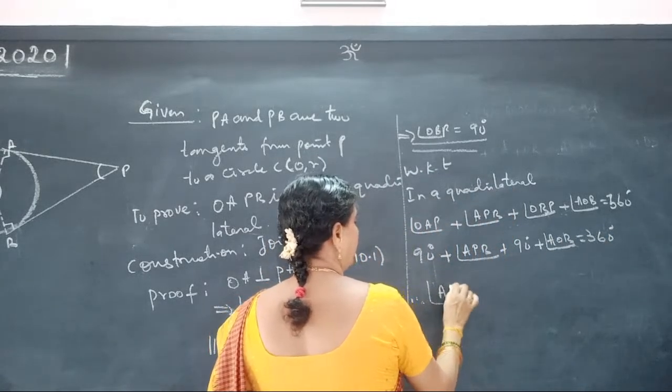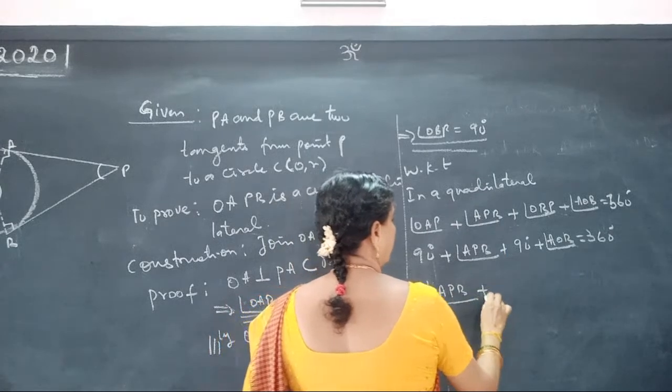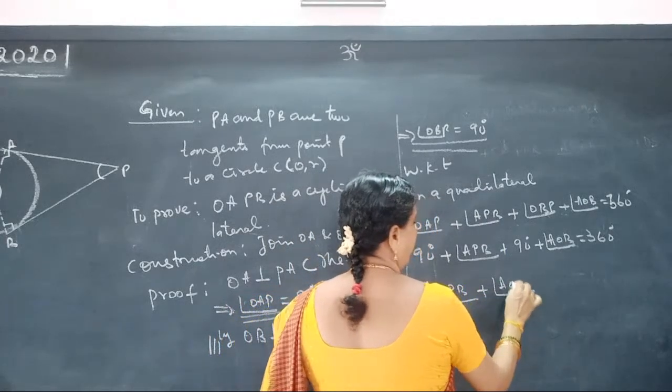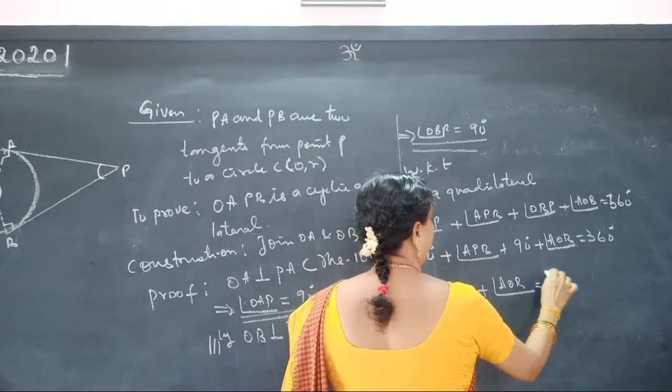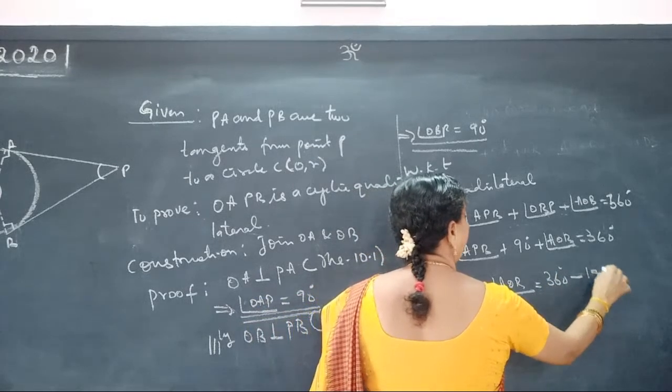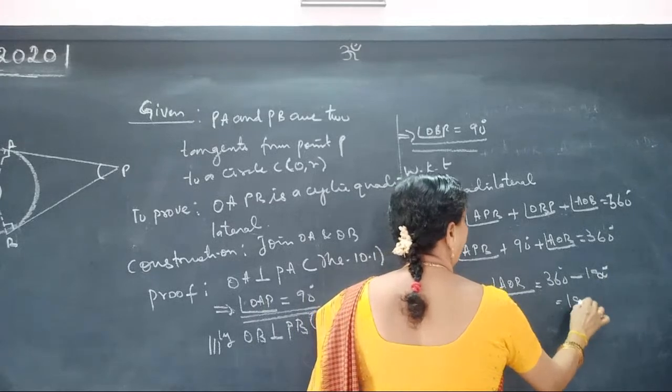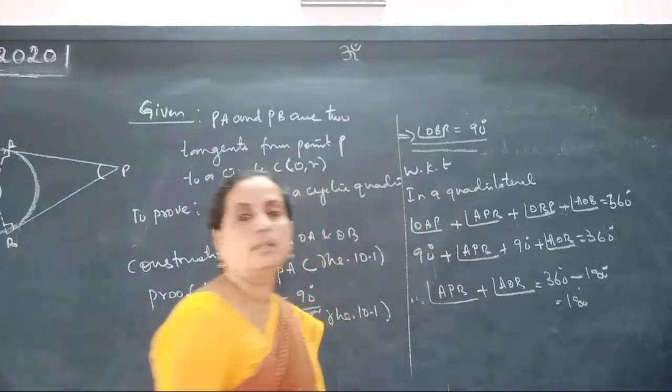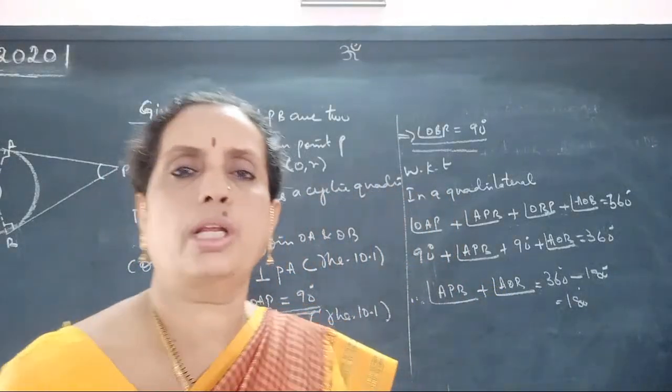Next line. Therefore, angle APB plus angle AOB equals 360 minus 90 plus 90, 180 degrees. You will get again 180 degrees. Then come to the conclusion.